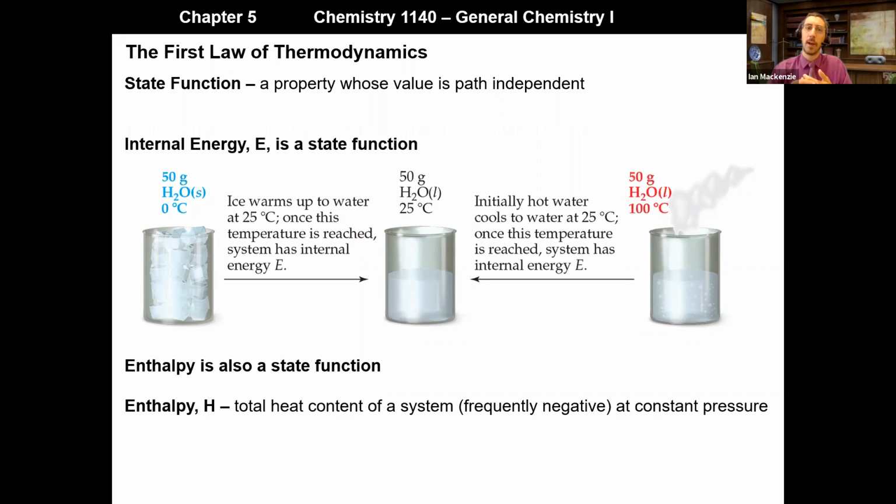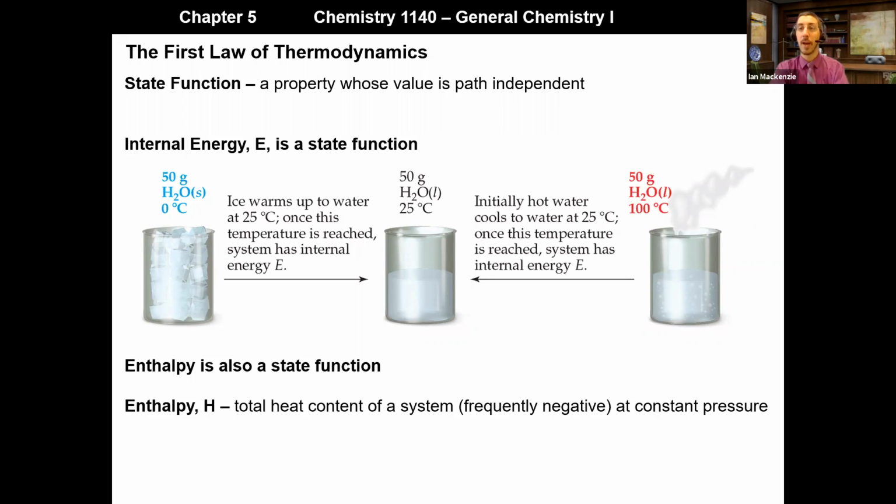So if we've talked about internal energy being the sum of the heat, Q, and the work, W, as long as we're at constant pressure, then enthalpy is simply the total amount of heat. So we're really focusing just on Q here at this point.